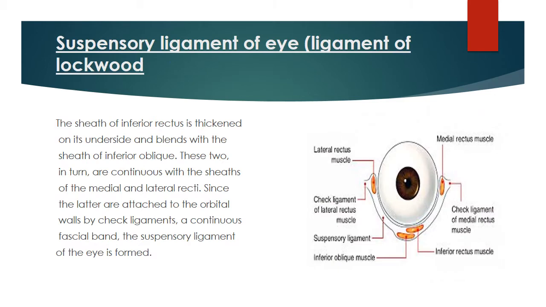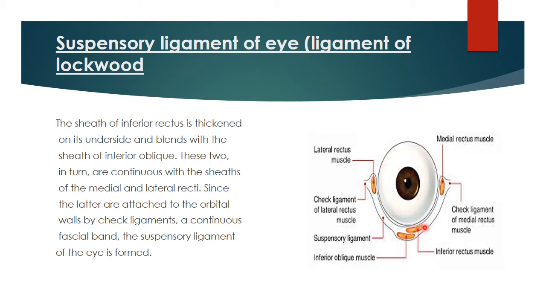Suspensory ligament of Lockwood, the suspensory ligament of the eye. The sheath of the inferior rectus is thickened on its underside and it blends with the sheath of the inferior oblique muscle. These are cut sections of the extraocular muscles.